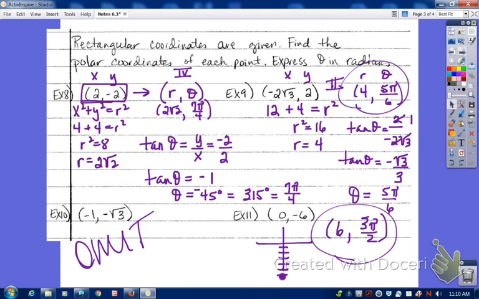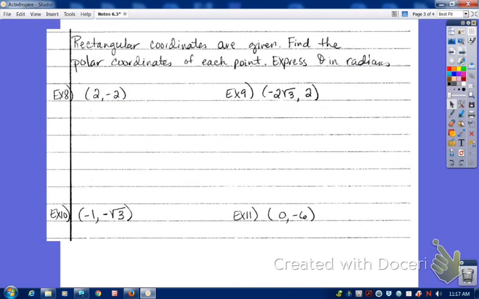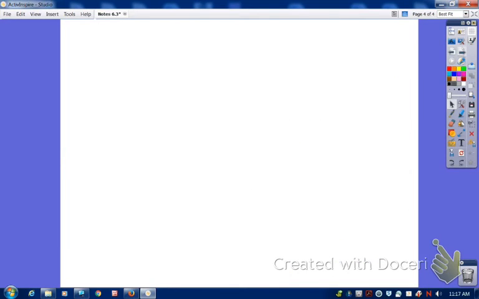So your last set of directions for your homework are going to say convert each rectangular equation to a polar equation that expresses r in terms of theta. And I've written, remember that x is equal to r cosine theta and y is equal to r sine of theta.